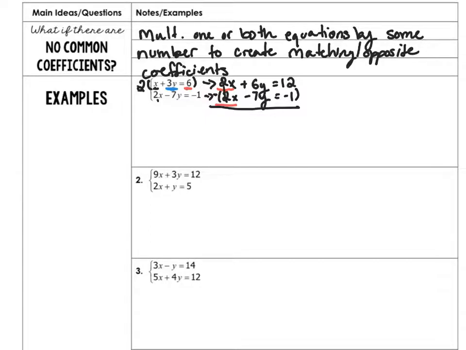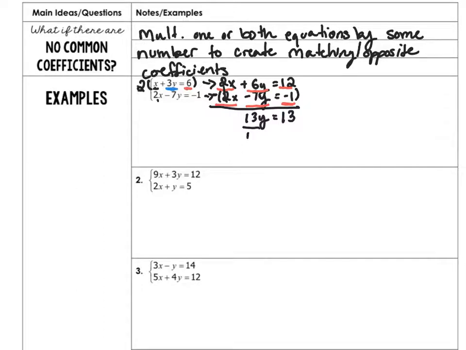Then 6y minus negative 7y: when you minus a negative, it turns into plus, so this becomes 13y. And then 12 minus negative 1: again, we subtract a negative, which means we add it, so 12 plus 1 gives us 13.